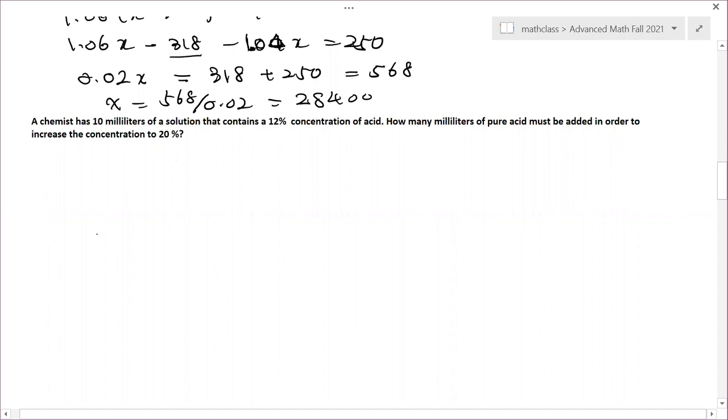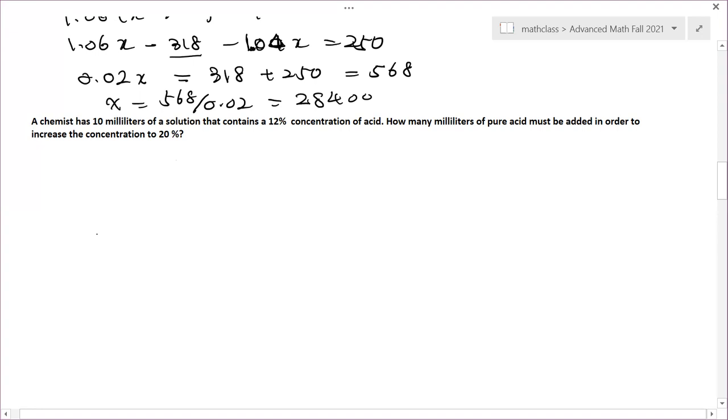A chemist has 10 milliliters of a solution that contains 12% concentration of acid. How many milliliters of pure acid should be added in order to increase the concentration to 20%? Originally 12%, now it becomes 20%. First of all, you have to understand, how do we calculate the concentration?